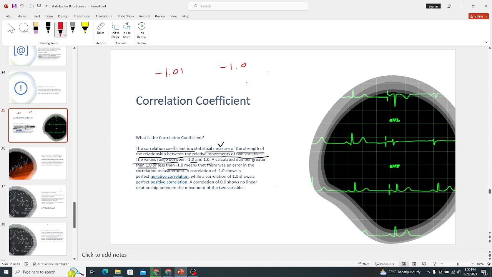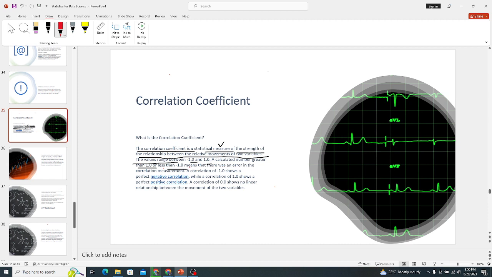It should be between -1.0 and 1.0. So in case you get a value greater than this or less than this, then know your calculation has some errors.